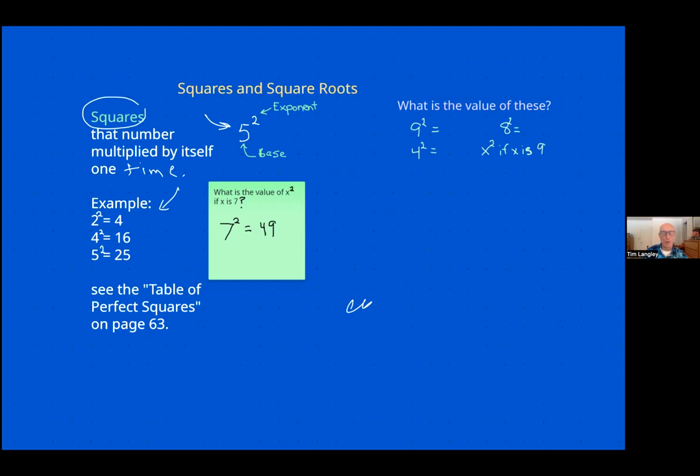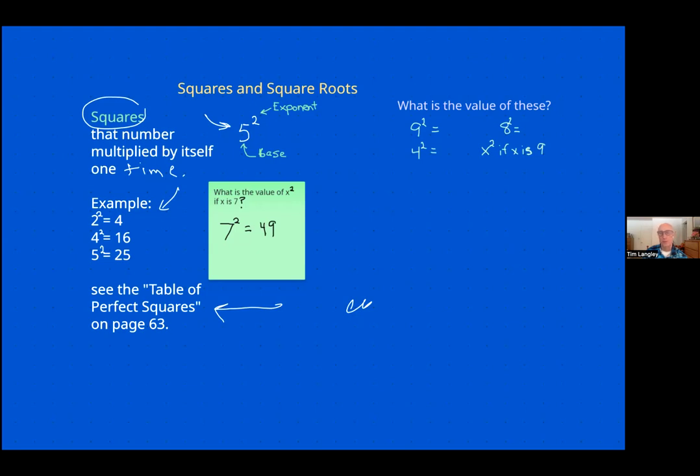Okay. You actually have a page in your book. If I draw my arrow here in the bottom left of the screen, the table of perfect squares is on page 63. The reason I want to point your attention to that is that it's a fast reference for squares of numbers. Like let's say you had the number 144 and you're wondering what's the square of that.